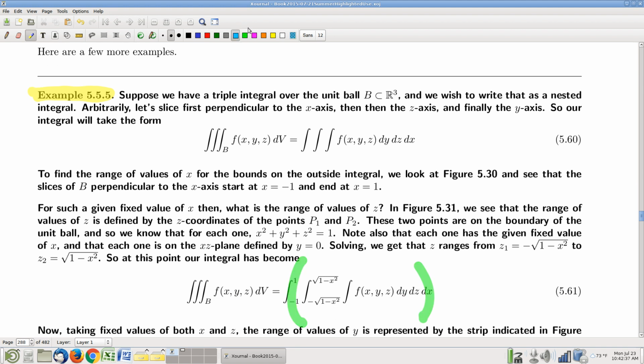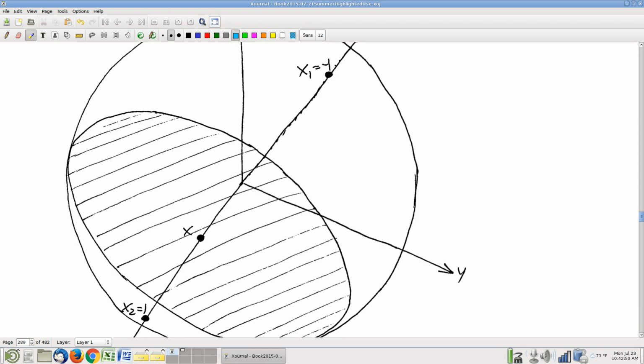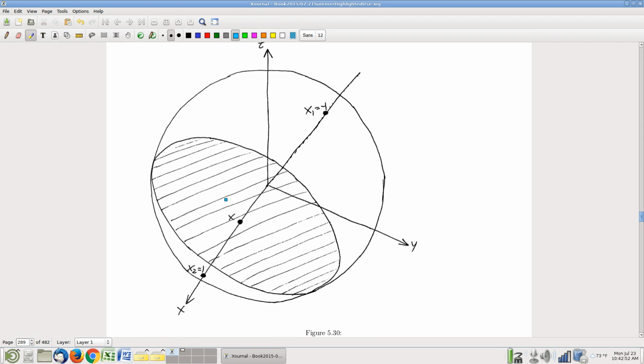The next question we want to ask is, we're going to fix an x slice. We're going to fix a value of x, look at just that one x slice, and now I want to know the range of values of z, arbitrarily. Again, here's my picture. We're going to fix this value of x, and focus now entirely on this x slice.